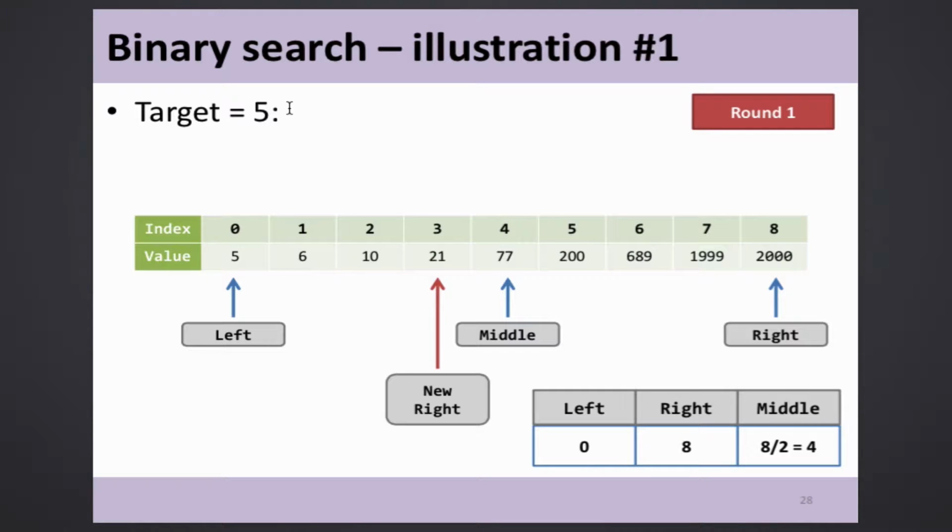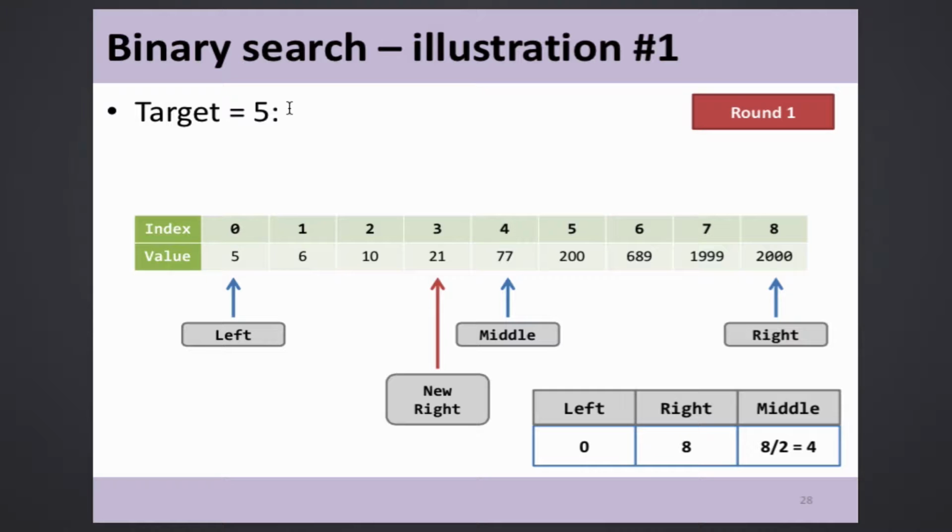Then what is the procedure? For one run, we always look for the middle one. What is the middle one? I made up an array of 9 elements so that you can find the middle one to be 4: 0 plus 8 divided by 2 equals 4. Then what is my target? My target is 5, and this is a sorted array.